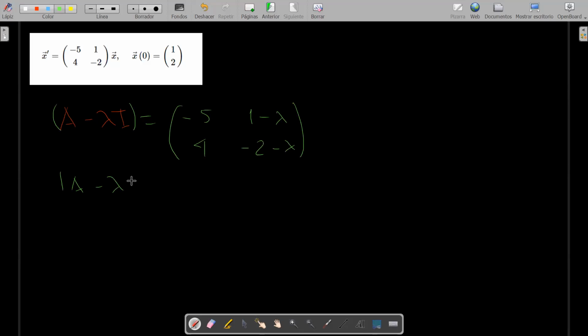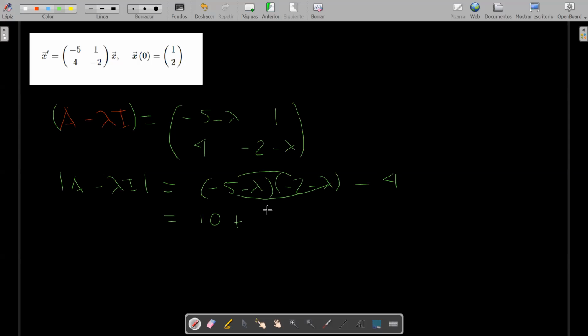So the determinant for this matrix will be... I did it wrong. Okay, that's correct. So I have negative 5 minus lambda times negative 2 minus lambda minus 4 times 1, which is 4. And then we have 5 times 2, which is 10. And then we have 5 times lambda plus 2 lambda.